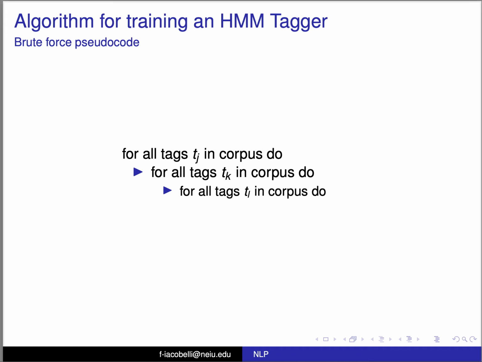That would be the brute force approach: for all the tags in the corpus, and again another loop for all the tags in the corpus, you need a triple loop, covering all the combinations.